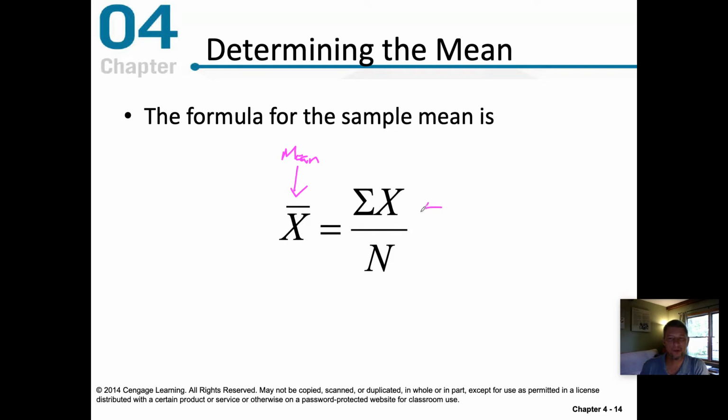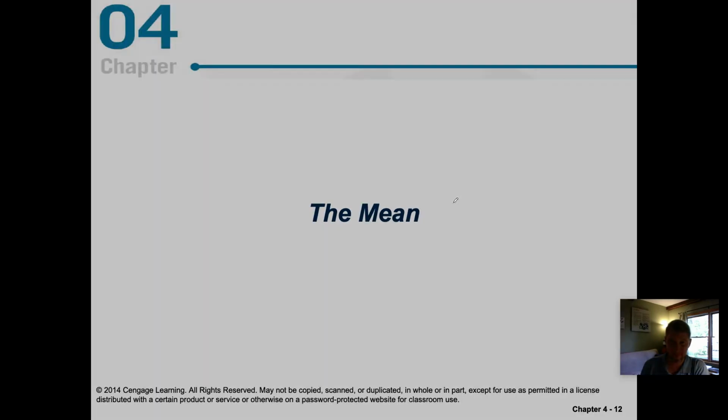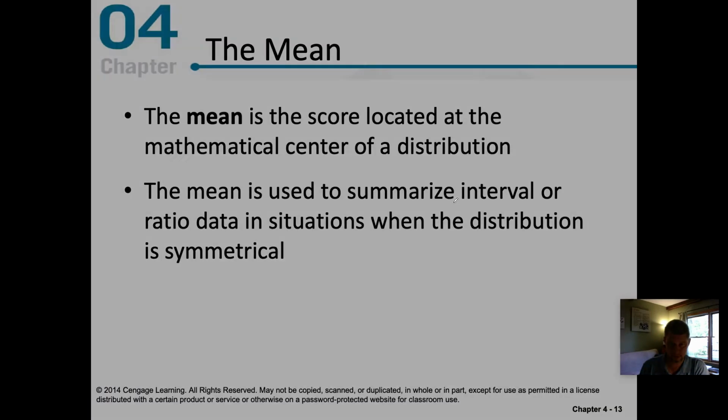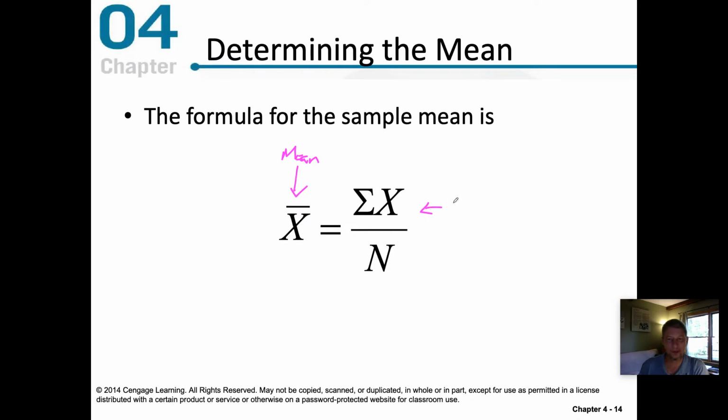This is, of course, as we learned in the first slide or two in this presentation. This represents the sum of all of the x values, and this represents the number of x values.